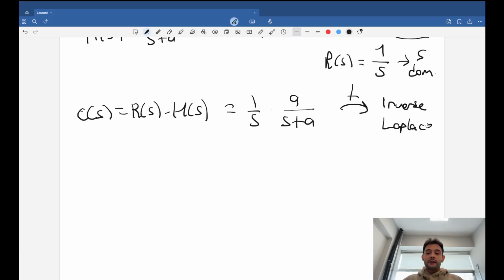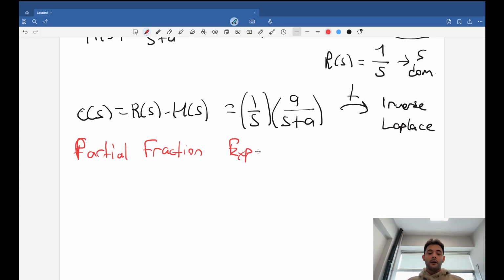And to do inverse Laplace, we have some equations which are easy to convert. We need to break this expression into two separate fractions. I will write it down with this red marker. We will apply this method, partial fraction expansion. Let me just do it directly so that you will understand it better.